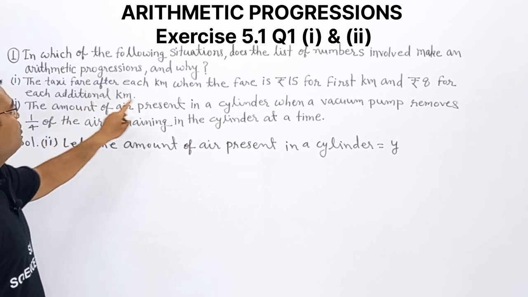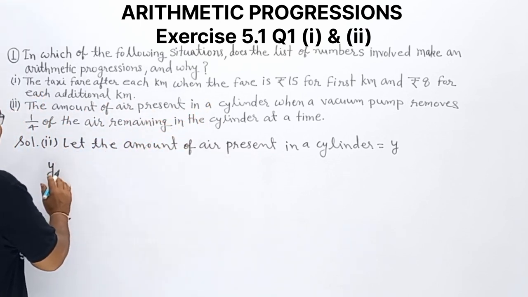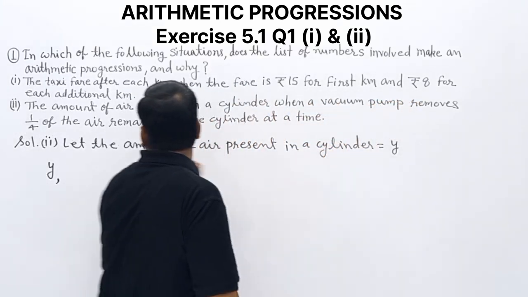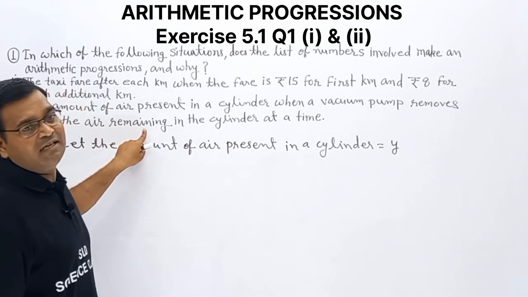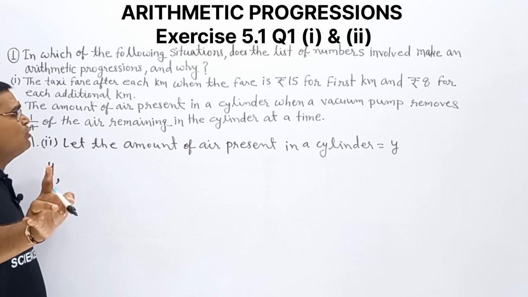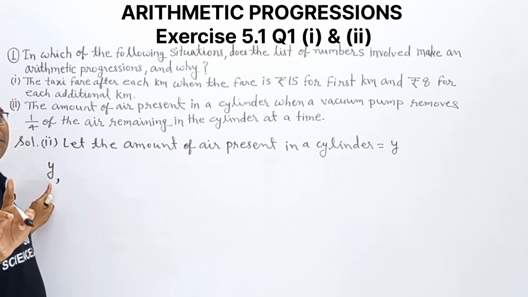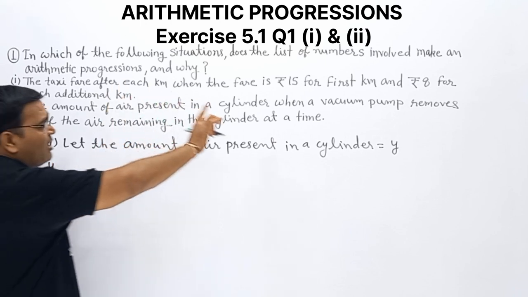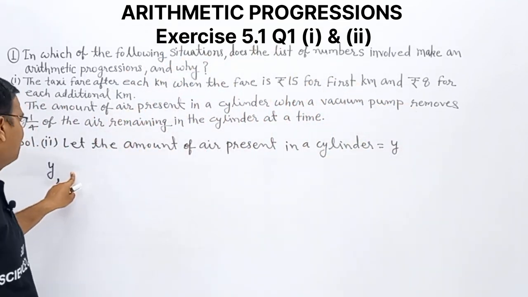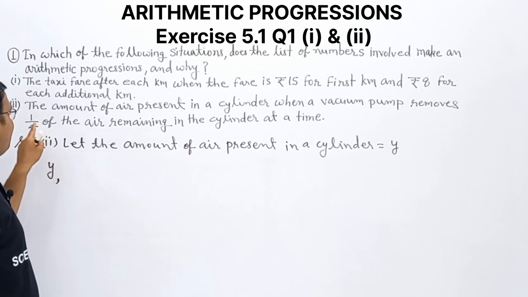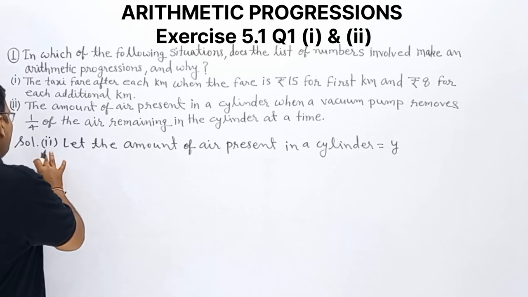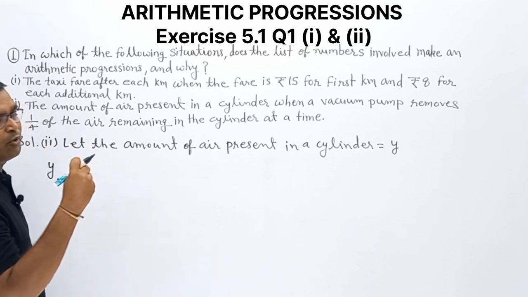The amount of air present in a cylinder is Y. Now, when a vacuum pump removes 1/4 of the air remaining in the cylinder, so it's 1/4 we are removing from the cylinder.